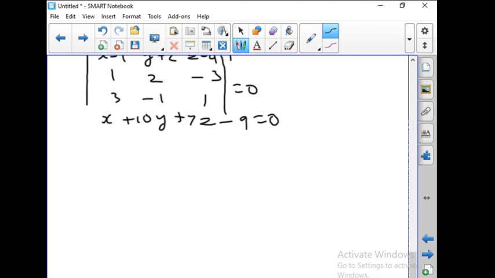Okay. So the fifth question, I will tell you how to do it. You have to do it. The fifth question is for homework. Find the vector and Cartesian equation of the plane containing the line and perpendicular to the plane.